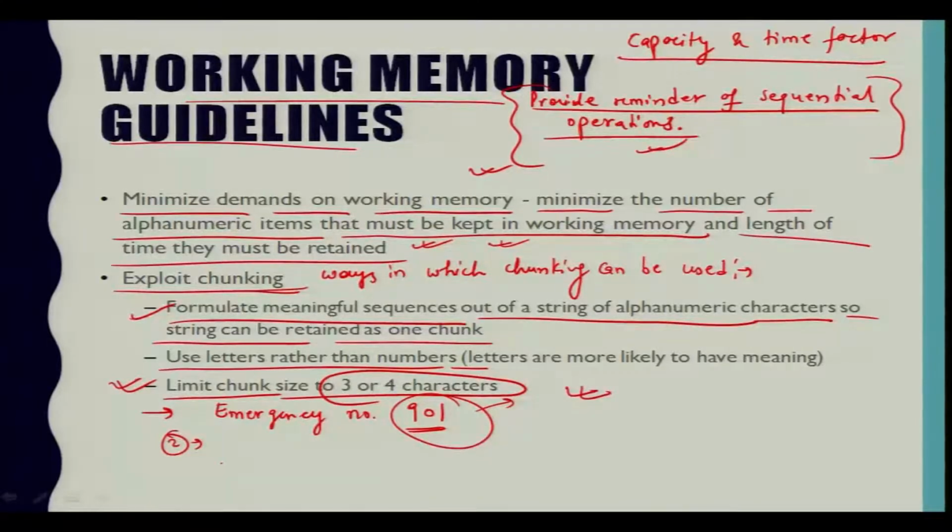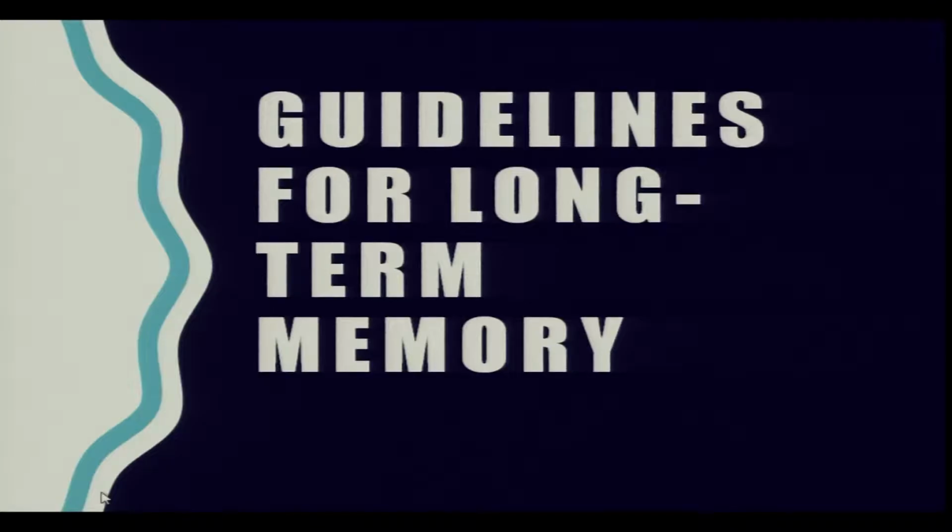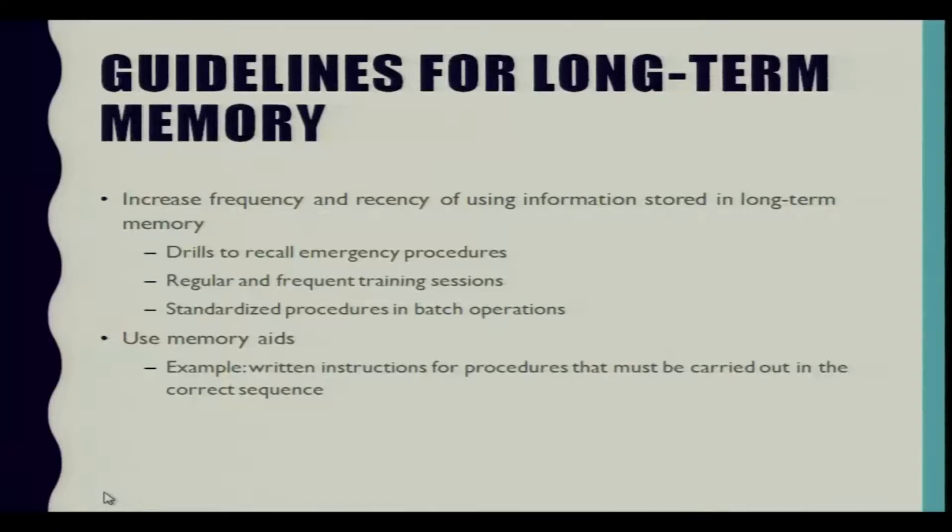In this way, the guidelines for working memory have been described in these 3 or 4 aspects. Now some of the guidelines for long-term memory. In non-repetitive and batch operations, workers are often required to remember facts and procedures that are retrieved from long-term memory, when they must perform a task that was last performed some months or years before.